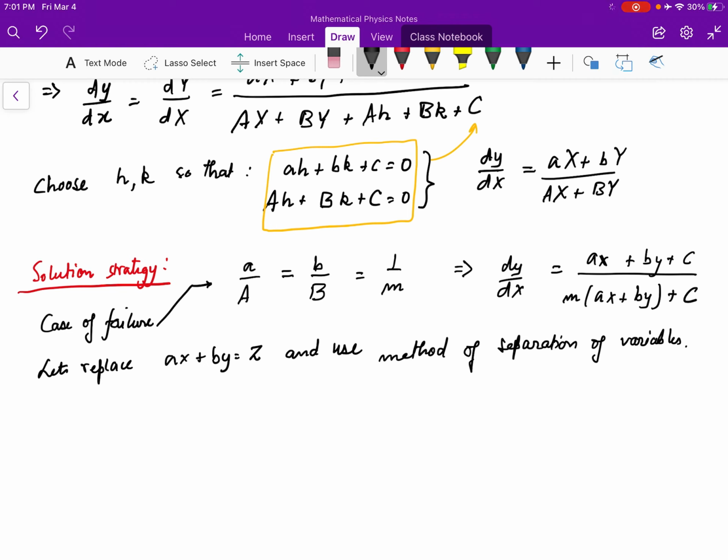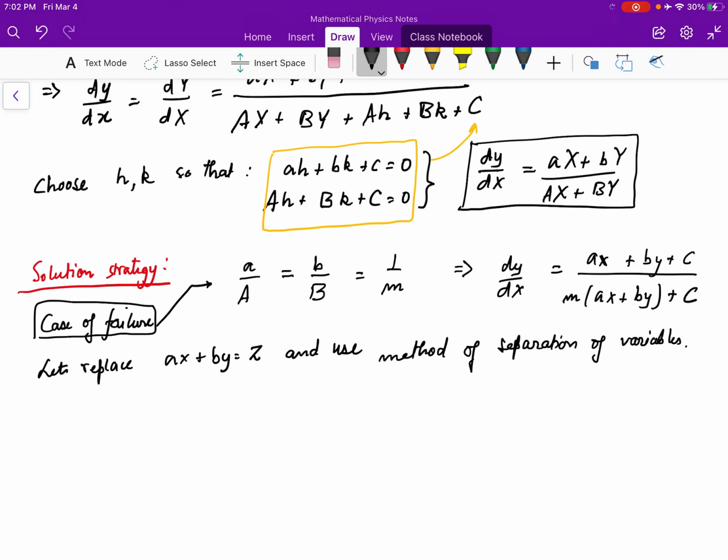So once we get this idea of how to approach the problem, especially given the situation that we just arrived at, this is the case of failure actually, okay? So we arrive at this expression, which I highlighted in the box, and then we have another solution strategy, but we need to be careful about this case of failure.